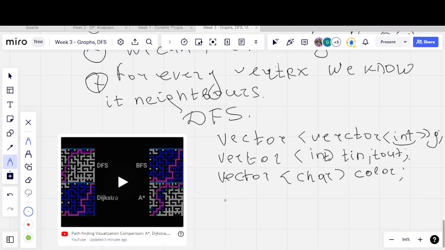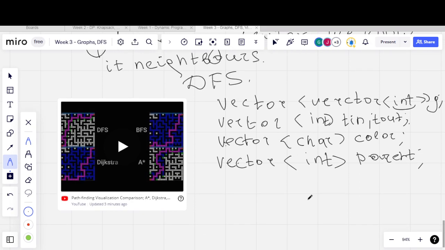Like in this visualization, we have white vertices and blue vertices that are already visited. We have vector int parent to store the parent of vertices.